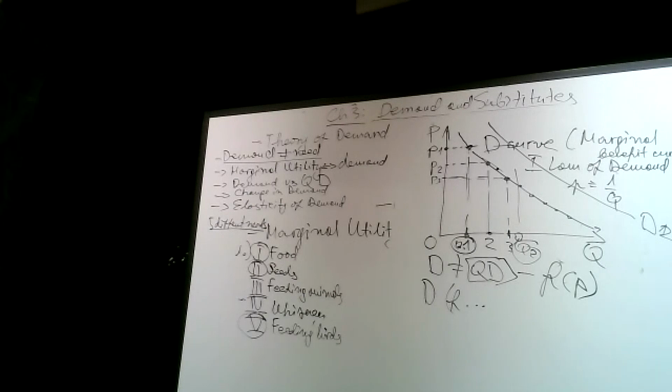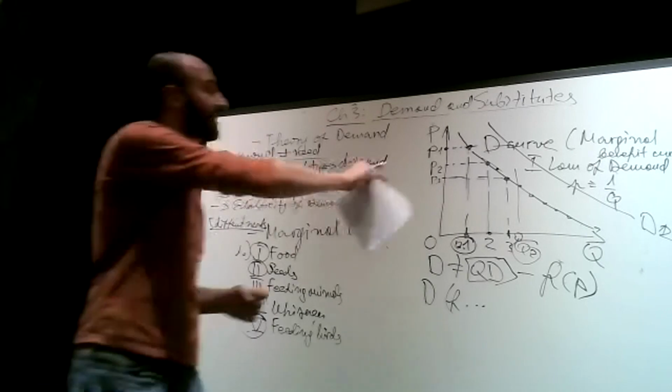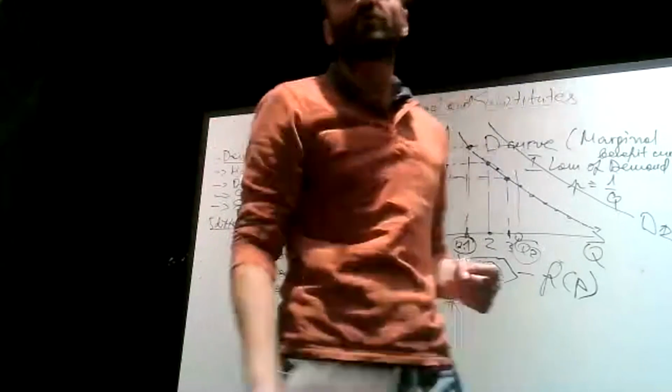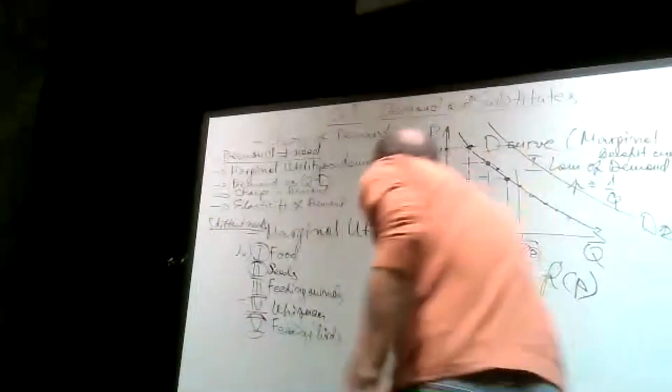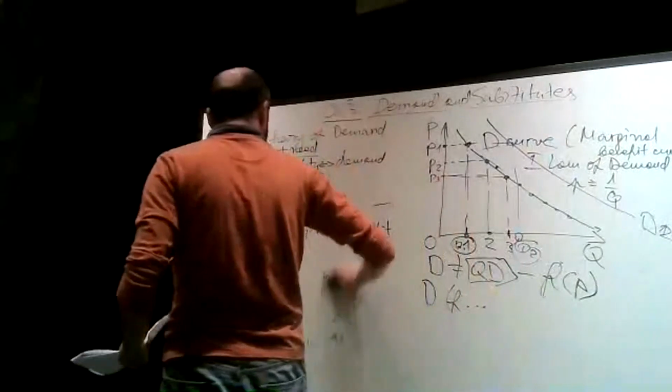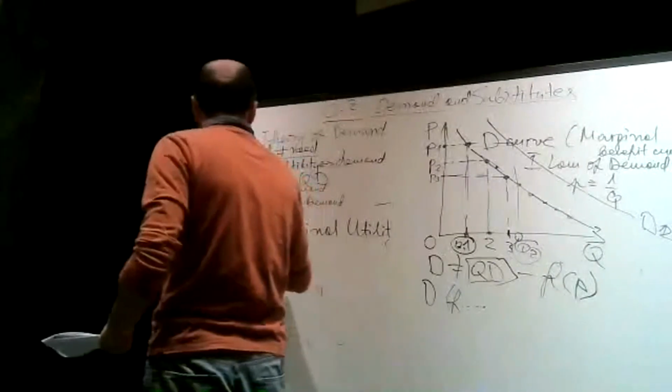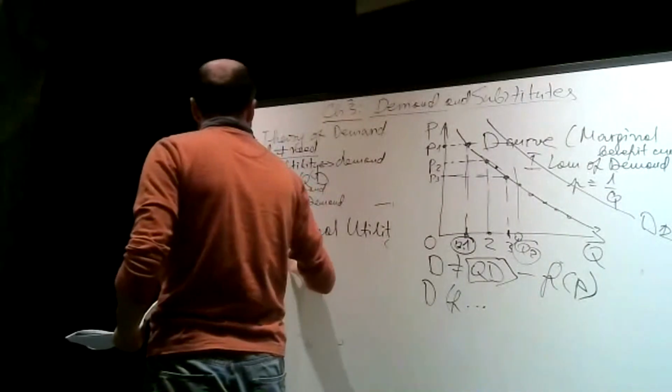For whatever reason, people start buying more. Consumer manias for new products: something becomes popular and everybody is buying. That means at any given price, whatever the price, people will be buying more of it than before. So the first reason is changing preferences.